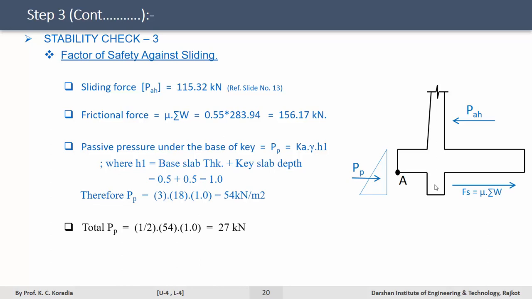Therefore, total passive pressure will be equal to the area of this triangle. So 1/2 this base, which is having a value of 54 kilonewton per meter square, into height, this height is 1 meter. 1/2 into 54 into 1 gives 27 kilonewton. Therefore, total resisting force is equal to the frictional resistance plus passive pressure, which gives the value of 183.17 kilonewton.